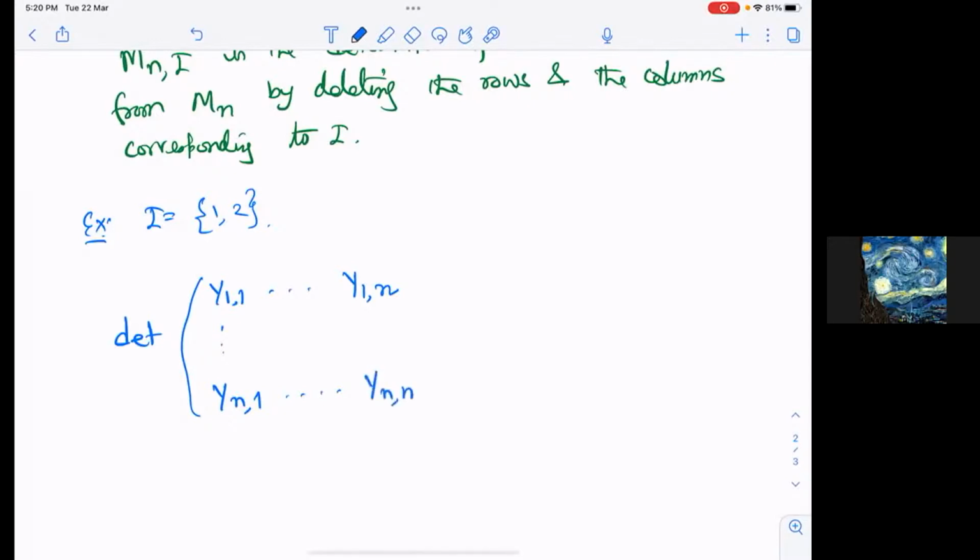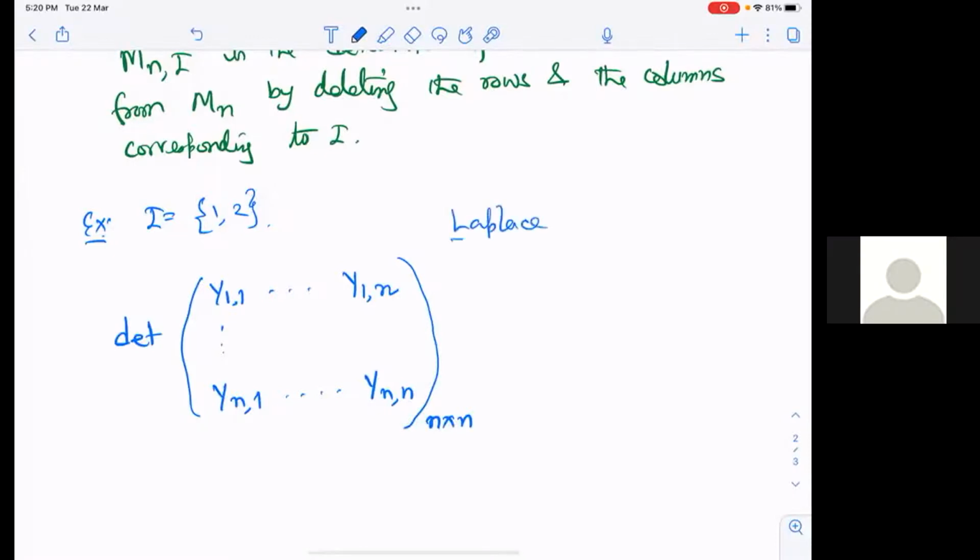Yeah, last semester in algebra 1. Okay. So this n cross n determinant has a nice formula due to Laplace. This is equal to a summation over. Does anybody know this formula, the expansion formula of the determinant? Have you heard of this Laplace expansion formula of the determinant in the algebra class?